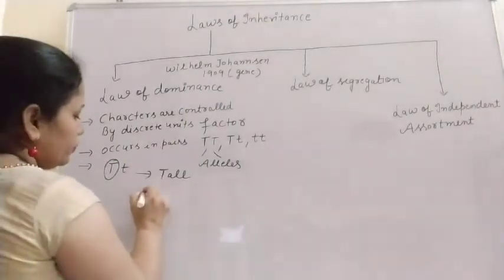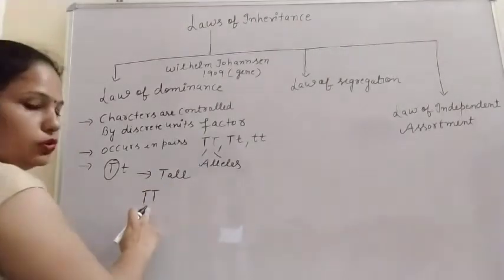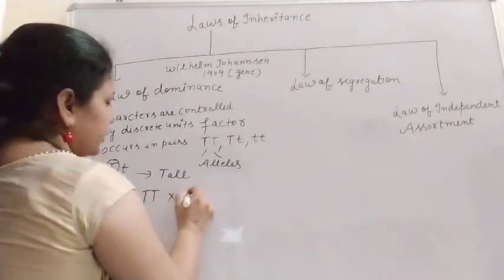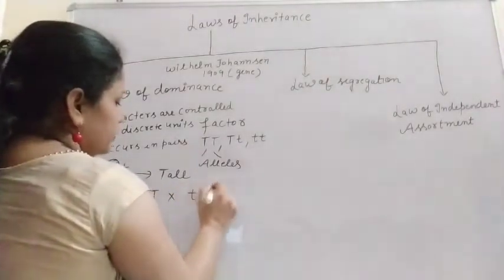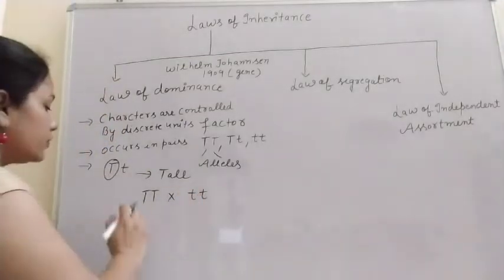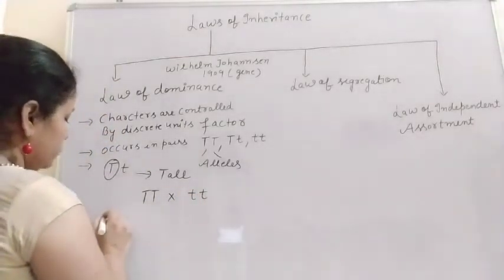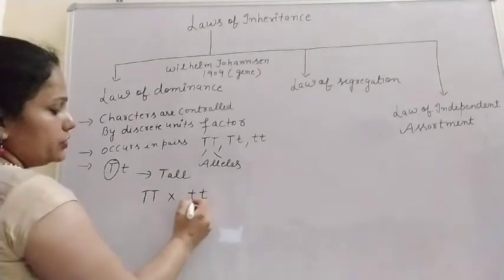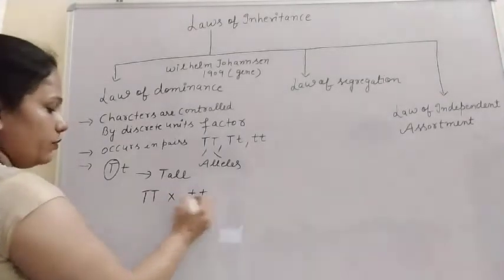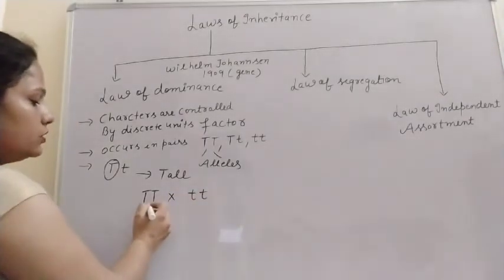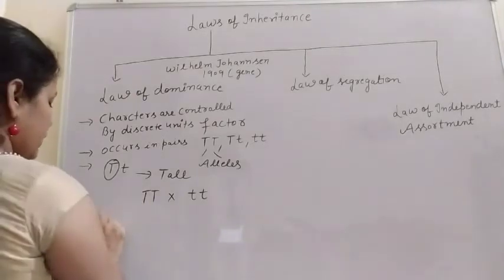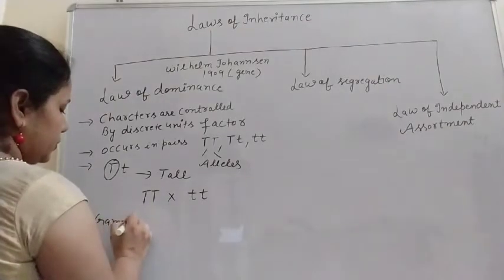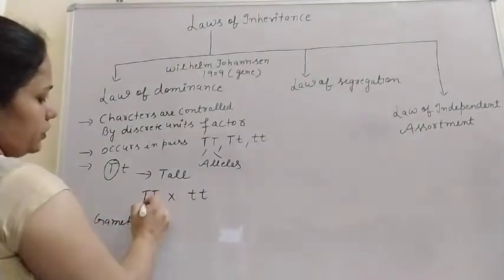Suppose one plant has tall height and the second is a dwarf plant. Then what you have to write here: this is the genotype for the dwarf plant, and this is the genotype for the tall plant. Here you will write the gametes.